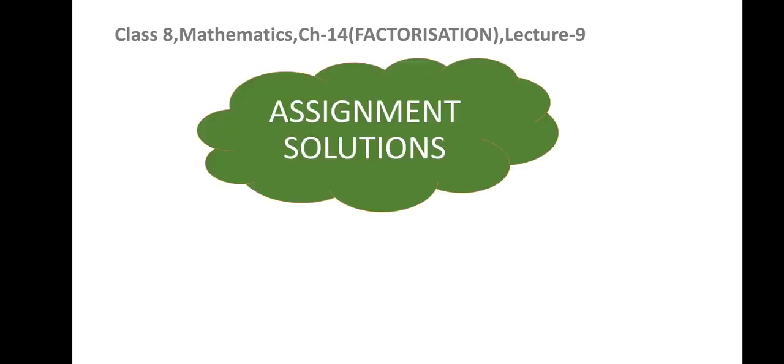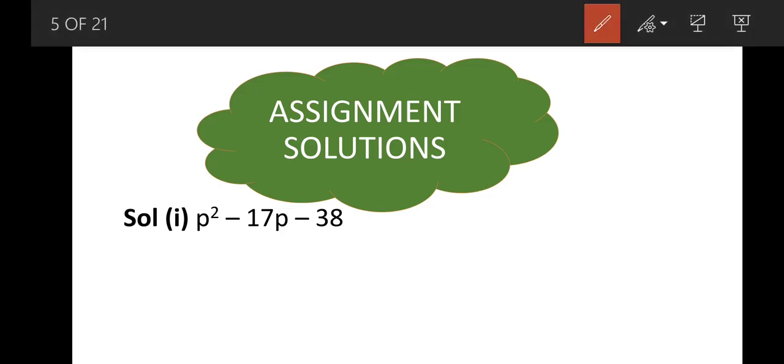So coming to the assignment solutions, let us discuss the solutions of the questions. Question number 1 is p square minus 17p minus 38. So dear children, in this question we cannot use the first, second or third identity because we do not have perfect squares.